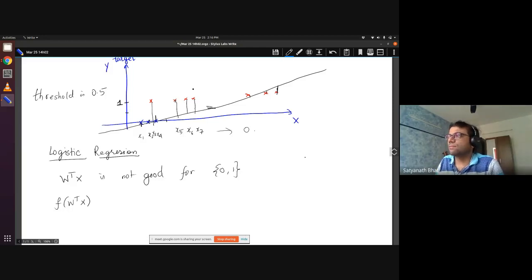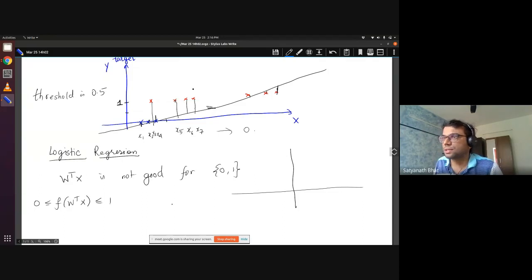Let us find a function which smoothly goes between 0 and 1, and that function is called the logistic function. It is something like this.